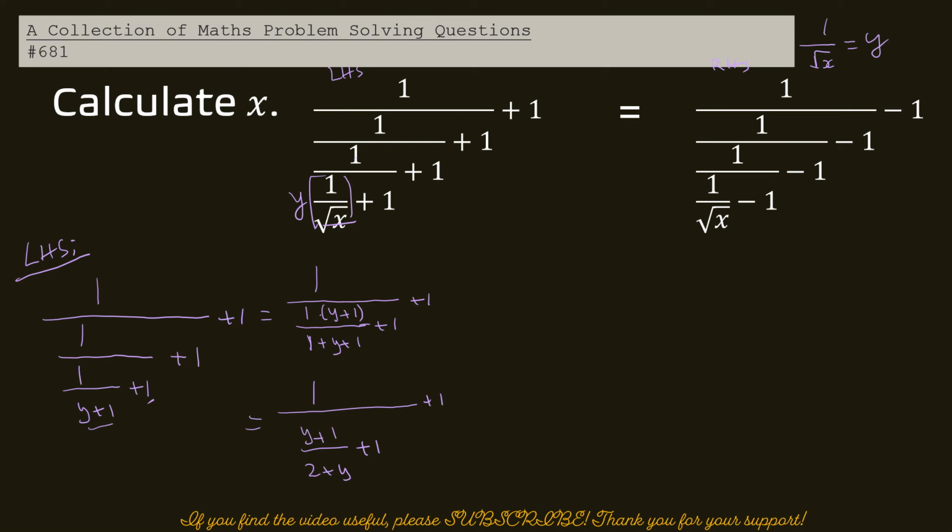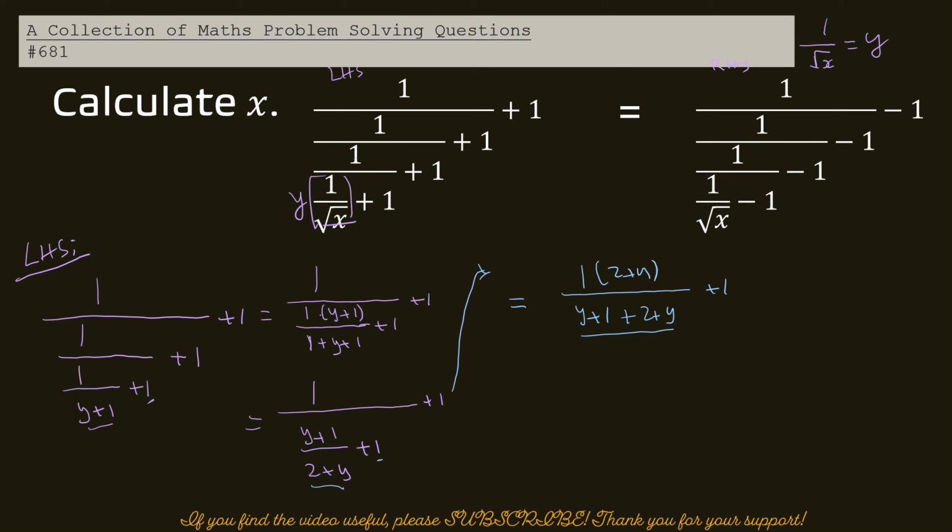So this is equal to 1 out of, of course there's a plus 1, so y plus 1 plus 2 plus y, so we are multiplying 1 times 2 plus y, and then divided by 2 plus y. Now this 2 plus y can go up here.